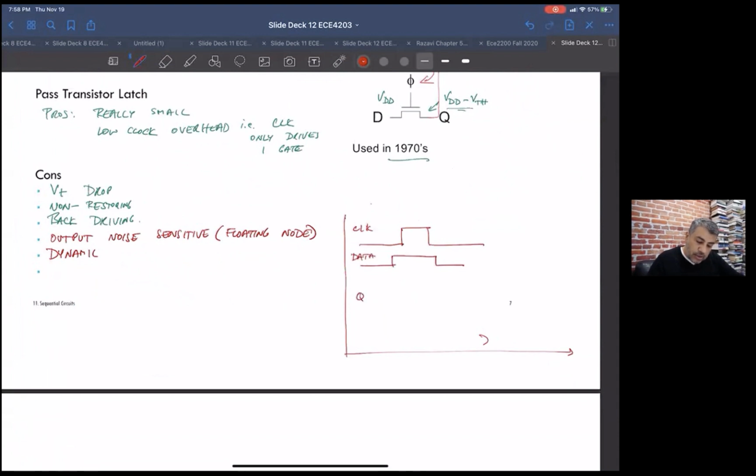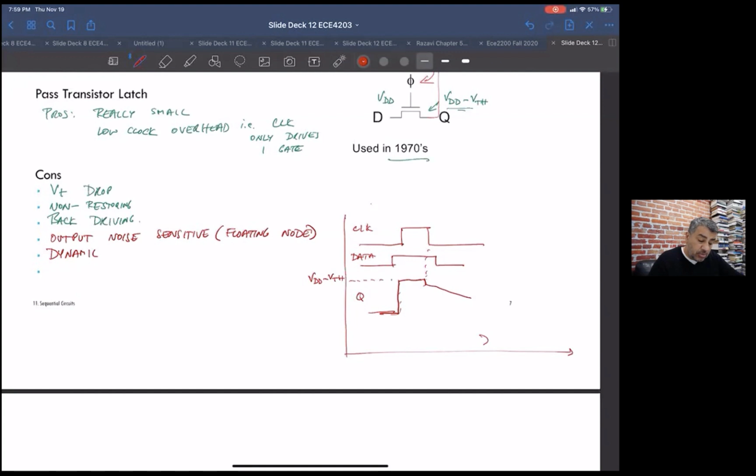The Q value would do, I'm going to make it bigger, but it'll look familiar. It would go to about VDD minus V threshold. And then something we haven't really talked about in this class, you get something called charge feedthrough, but you'll see that in your analog CMOS classes. And then you'll get discharge of Q, basically because of leakage.